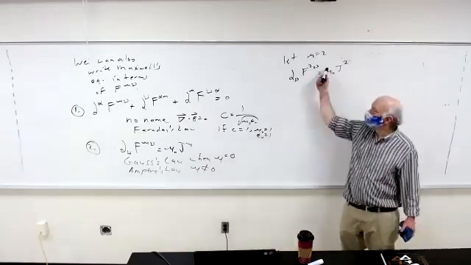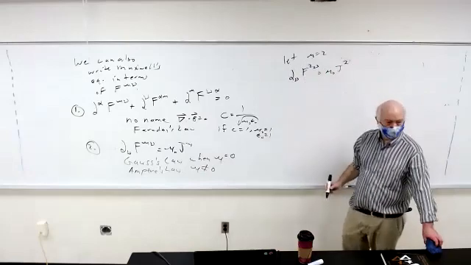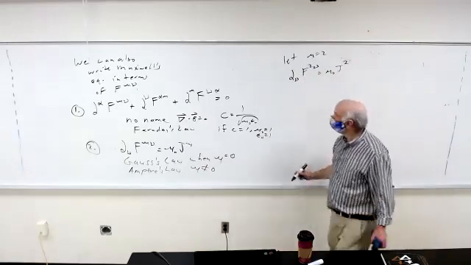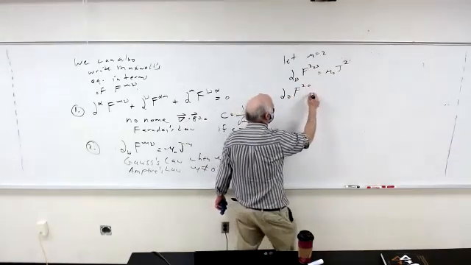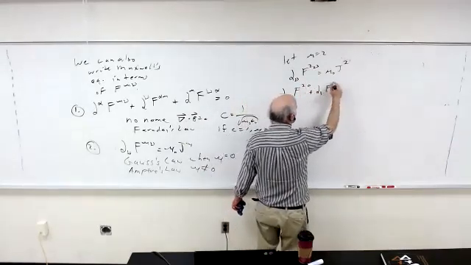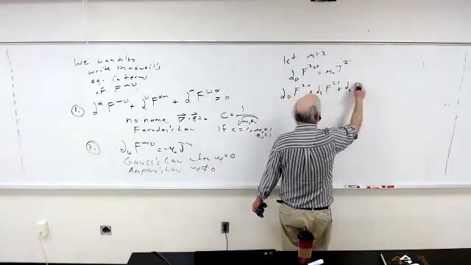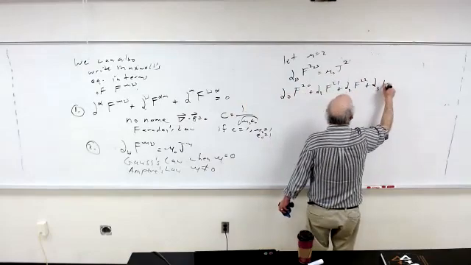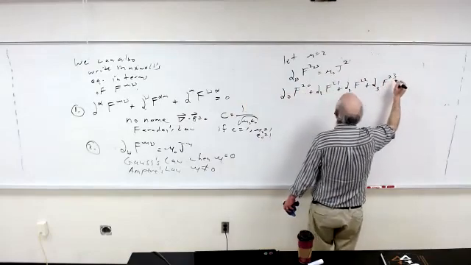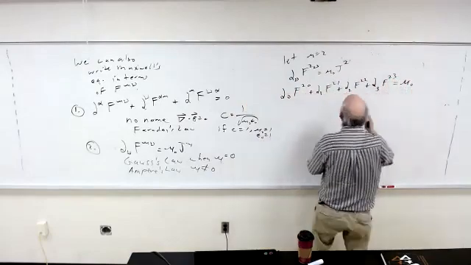Okay, so what does this equal here? This is partial 0, F2 0, plus partial 1, F2 1, plus partial 2, F2 2, plus partial 3, F2 3.